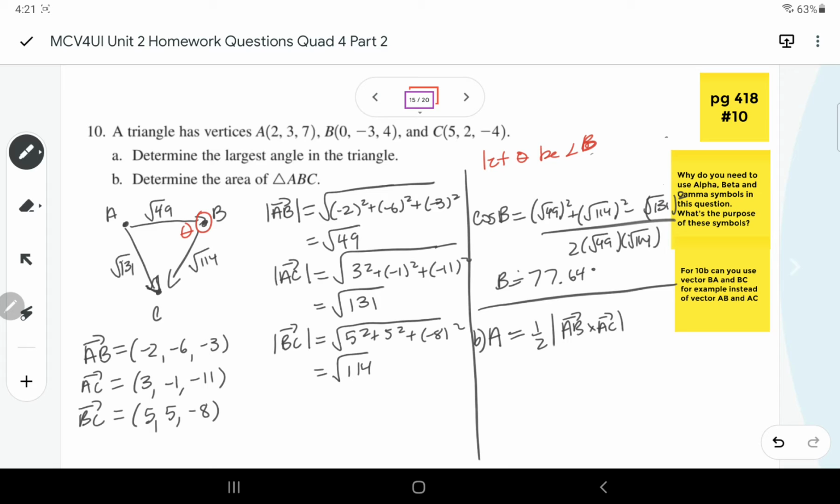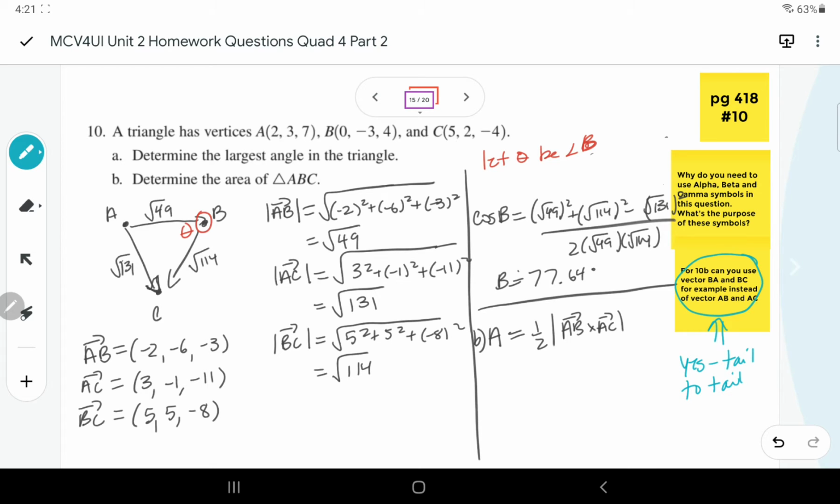But there's a good question here. Can you use, for example, BA and BC to do that? And yes, you can, as any two vectors that are tail to tail. They have to be tail to tail.